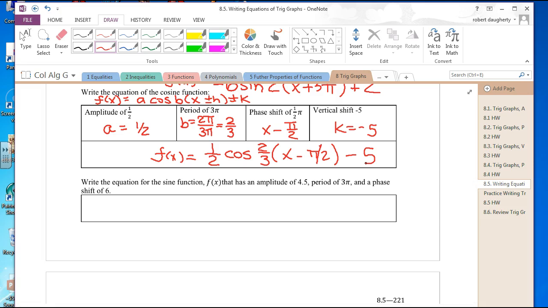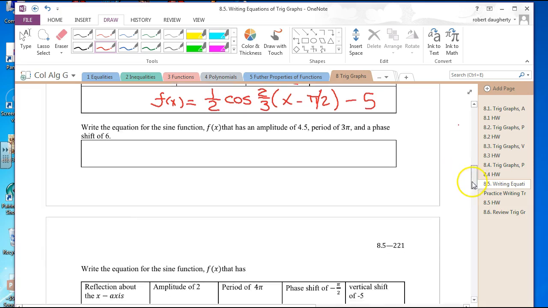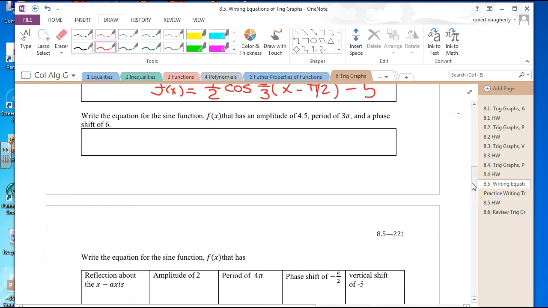Write the equation for a sine function that has an amplitude of 4.5, period of 3 pi, and a phase shift of 6. See if you can write this one out. F of x equal. What's the first thing I write? 4.5.